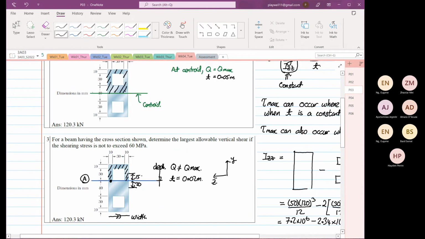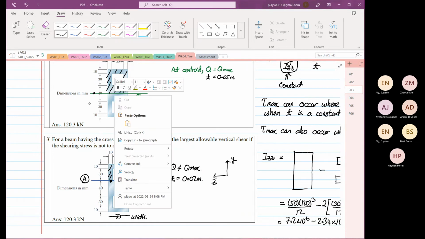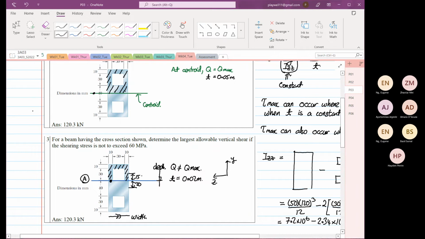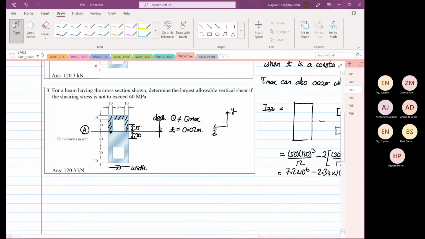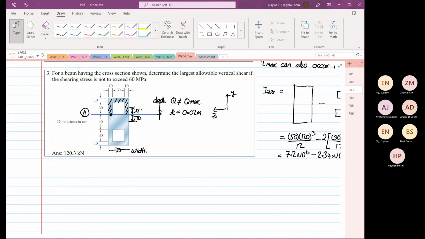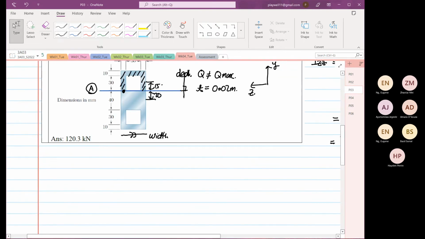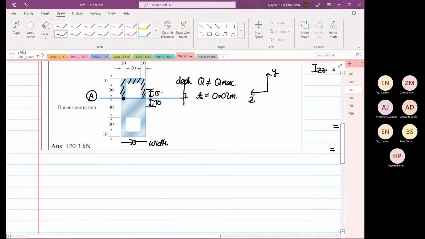And over here, exactly at the centroid, this is our point C. Okay, so let's determine the first moment of area for point A.